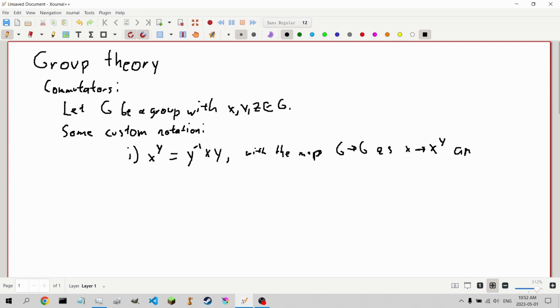This is an automorphism. And we have the property that x to the y to the x is equal to x to the yx. And this is just, keep in mind, x inverse, y inverse, x, y, x.